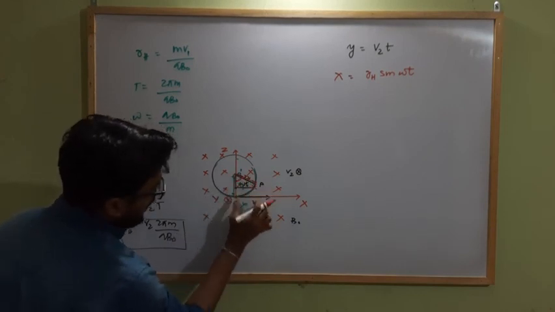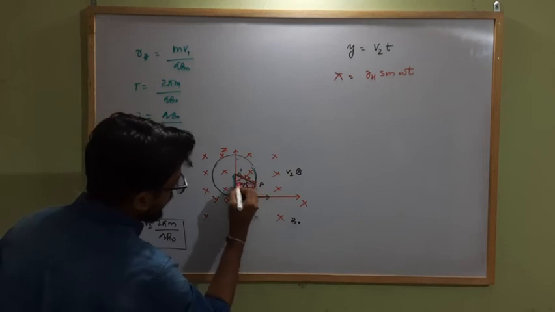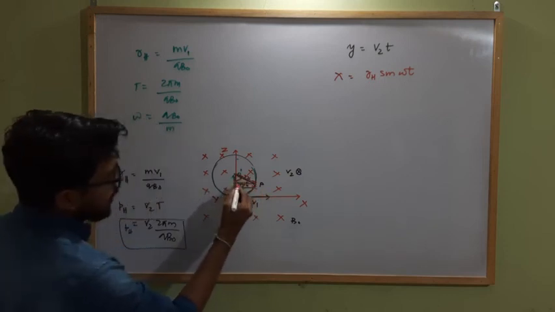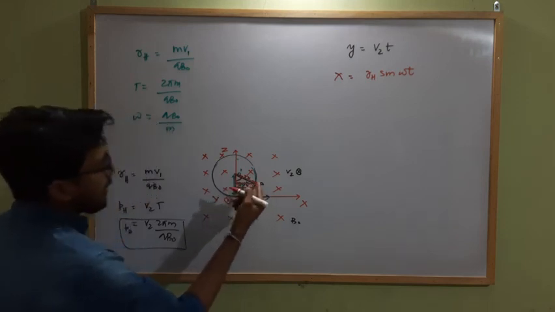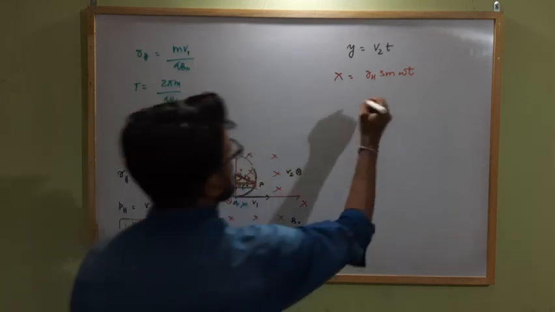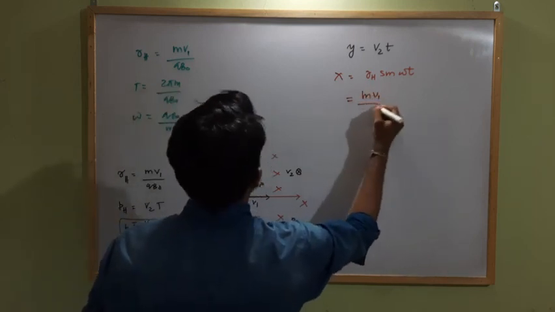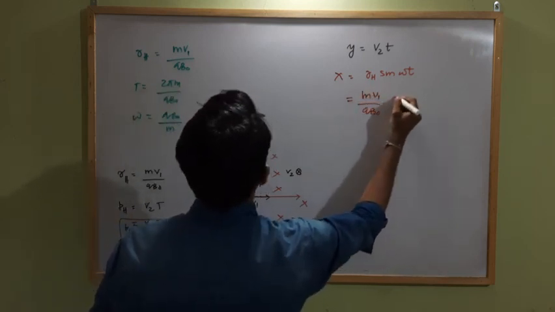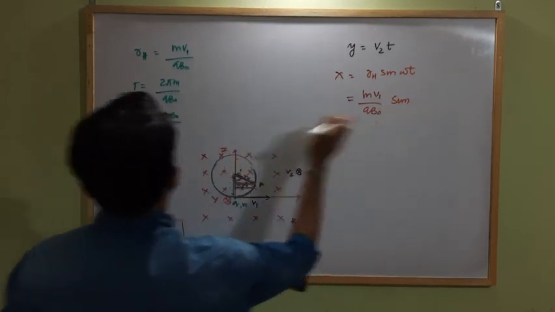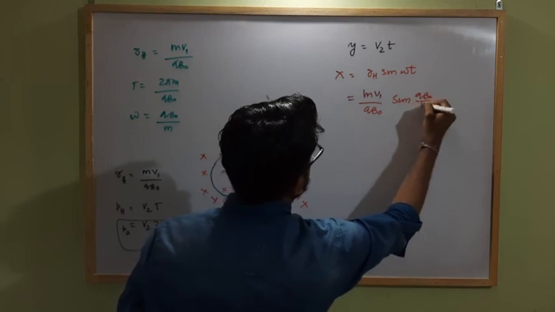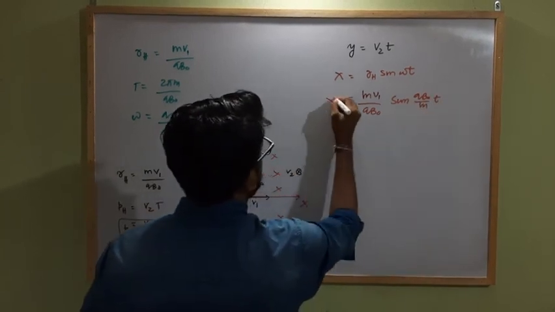If this is omega t, this will be RH cos omega t, and this length will be RH sin omega t. So what is the value of RH? m V1 by q b0 sin, in place of omega we can write q b0 by m into t. This is the expression for x coordinate.